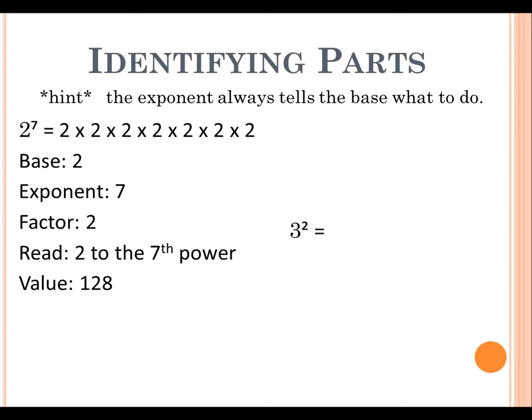Now, from what we just did, I would like you to do what we just did for 2 to the 7th with 3 squared. Do that now. Or 3 squared. It's essentially the base. Oops, sorry.